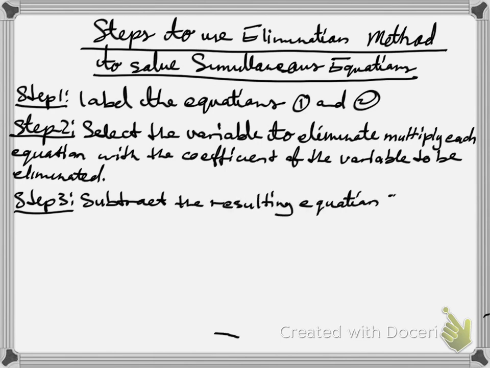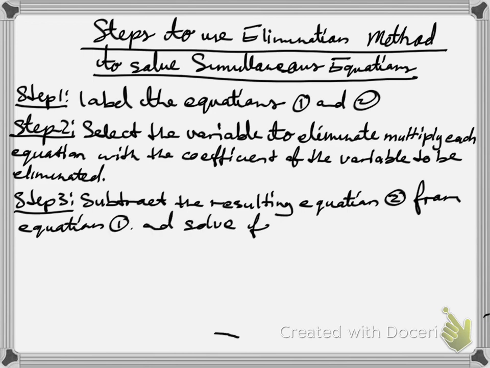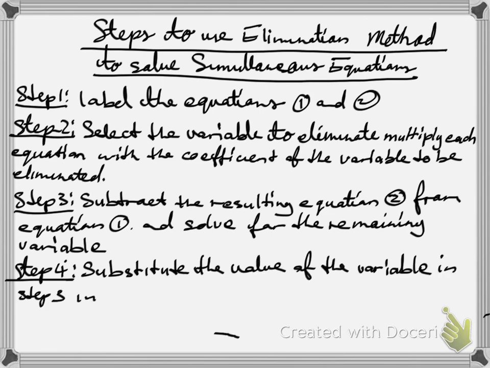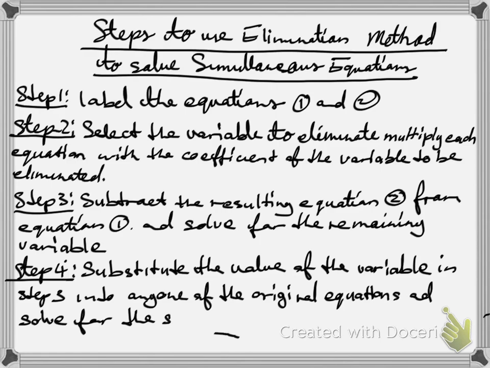Then step 3, subtract the resulting equation 2 from resulting equation 1, and solve for the remaining variable. Then step 4, you substitute the value of the variable from step 3 into any one of the original equations and solve for the second variable.